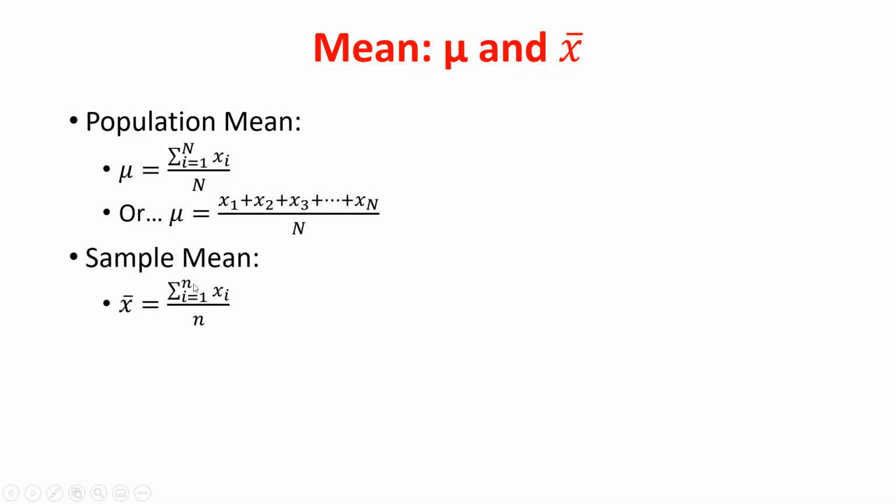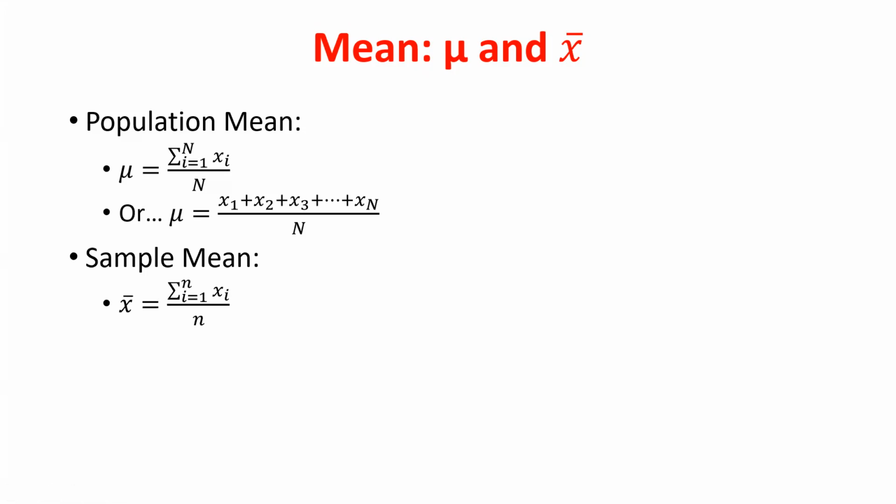Now, the sample mean is the exact same. The only difference is you go from the first observation not to capital N, the number of observations in the population data set, but you go from the first observation to lowercase n, which is how we notate the number of observations in my sample data set. Remember, the sample data is going to be a subset of that population, so it's going to be a smaller number of observations here, right? But the procedure is exactly the same.